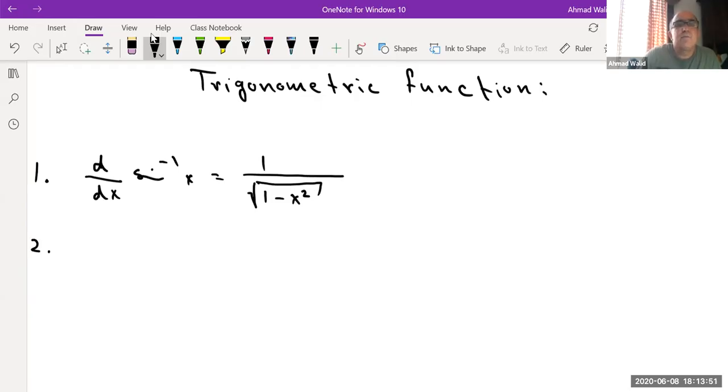Number 2, d/dx of cosine inverse x, or inverse cosine x, equals negative 1 over square root of 1 minus x squared.